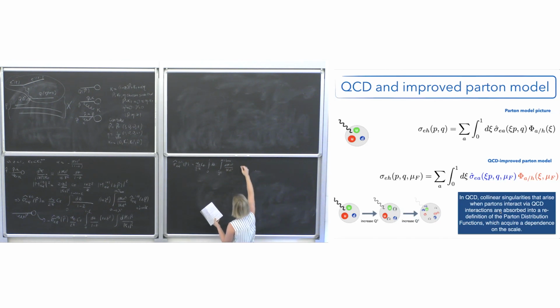And here I have 1 plus z squared over 1 minus z, sigma hat 0. Okay. So what do I do again in this?